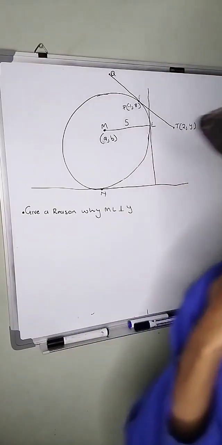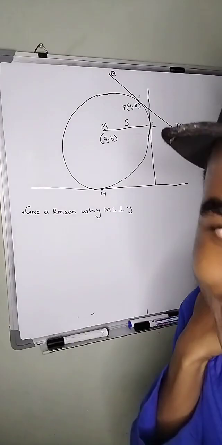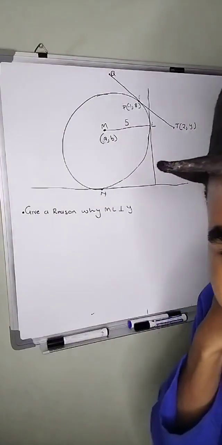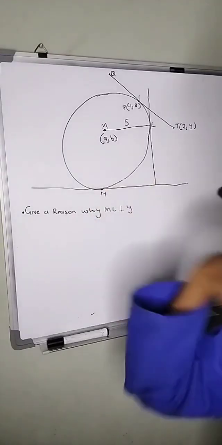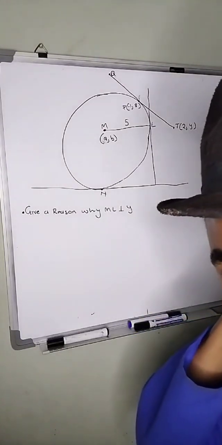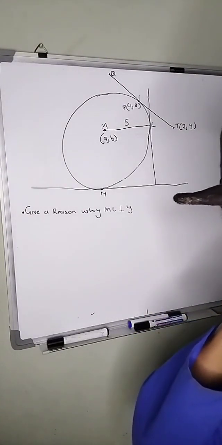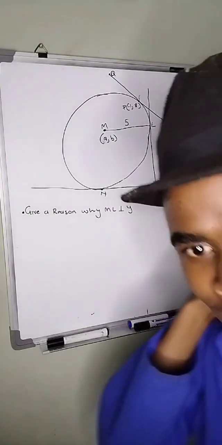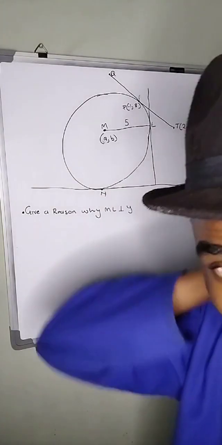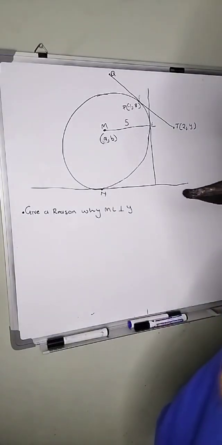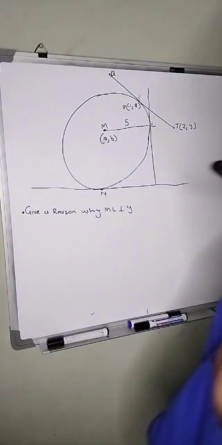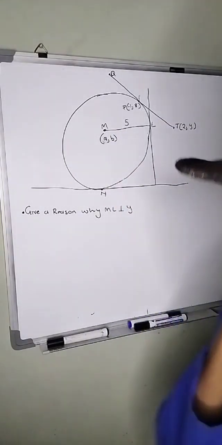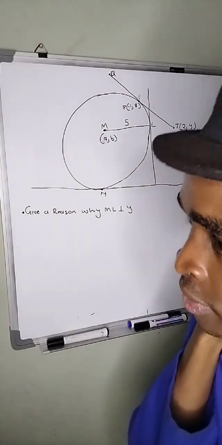A line drawn from the center to the midpoint of the chord. No, I just need the reason. Tangent perpendicular to chord. Line drawn from the center to the midpoint of the chord.